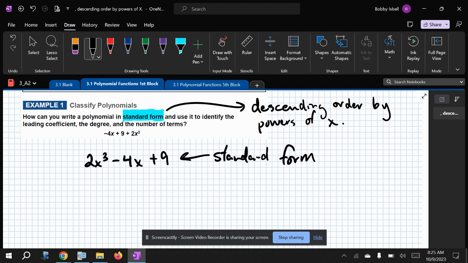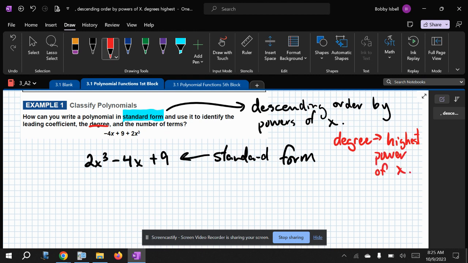Now, the next thing it said was identify the leading coefficient and the degree. The degree is the highest power of x. For a polynomial, it's going to be the highest exponent. So our degree is 3.